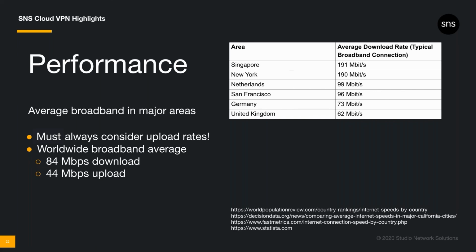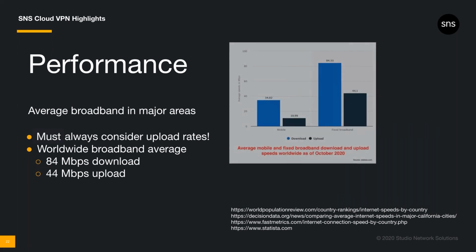There will always be an upload component to our data transfer, and most internet connections are asymmetric, meaning they download faster than they upload. Here's the average upload speed, 44 megabits. And I bet many of your remote users would be thrilled to see an upload speed like that.